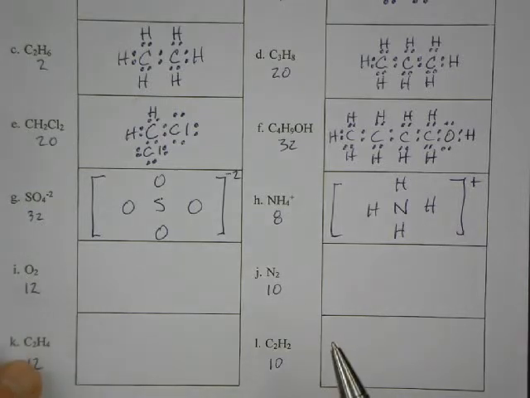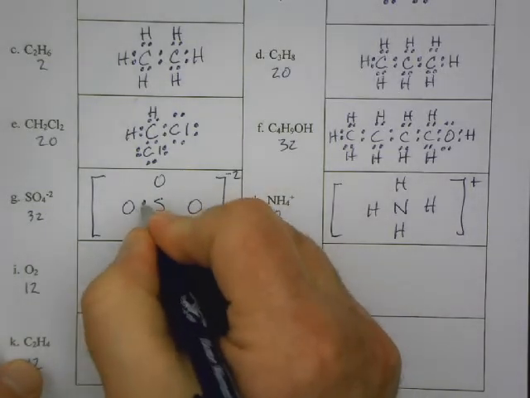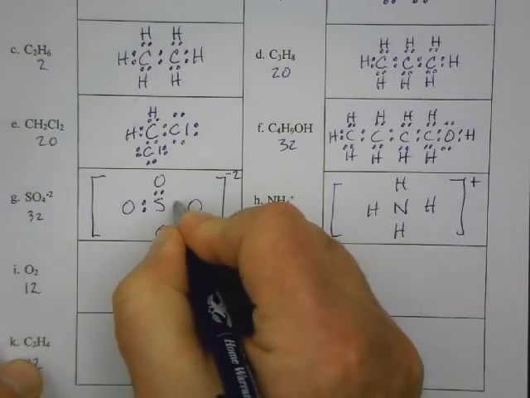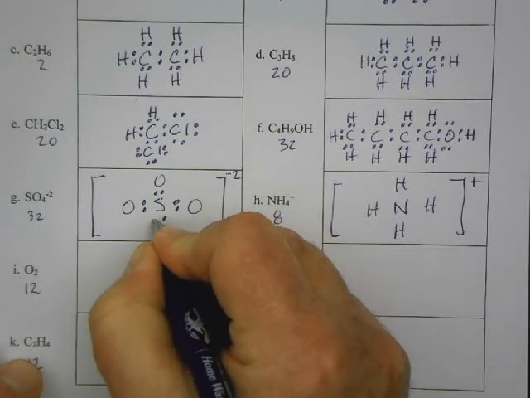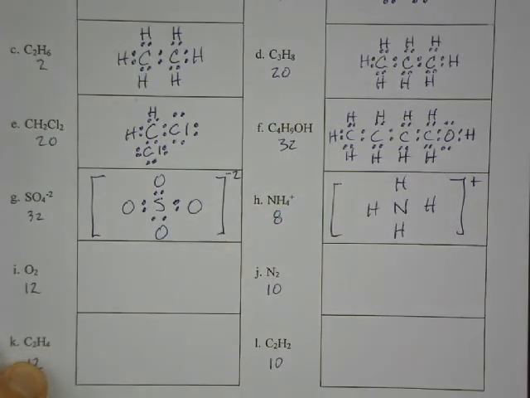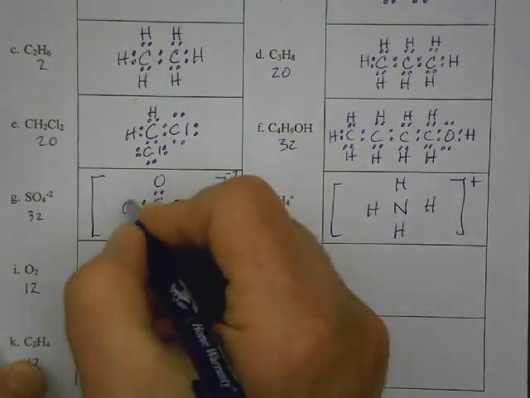Now let's take care of G. Put in my bonds. That takes care of 8 dots. Now I'm going to go through the oxygens until I run out.